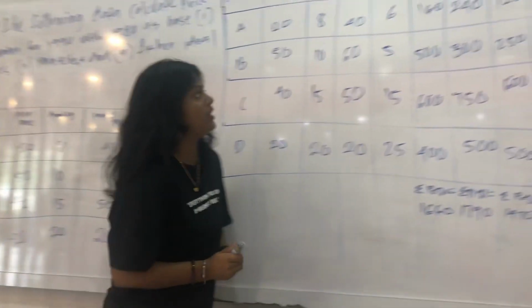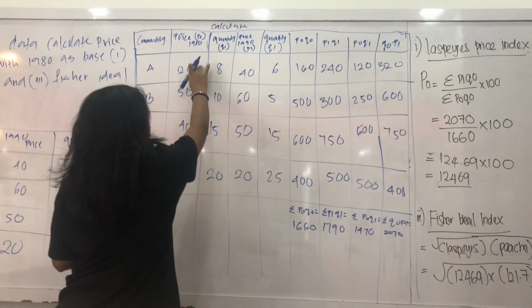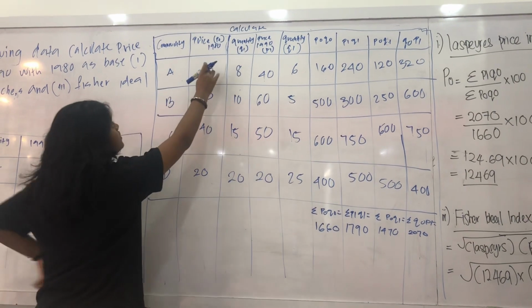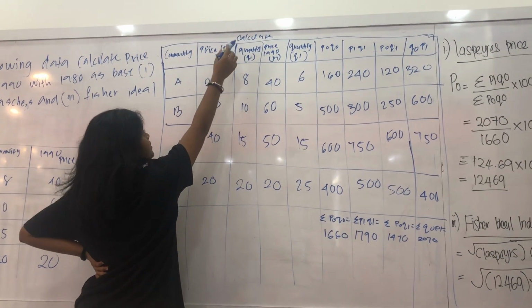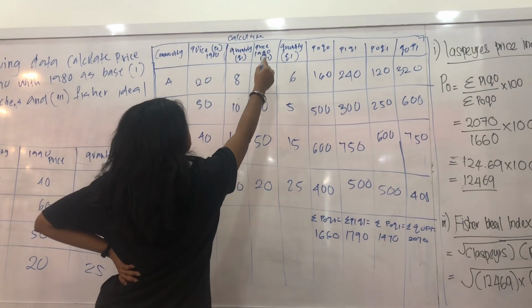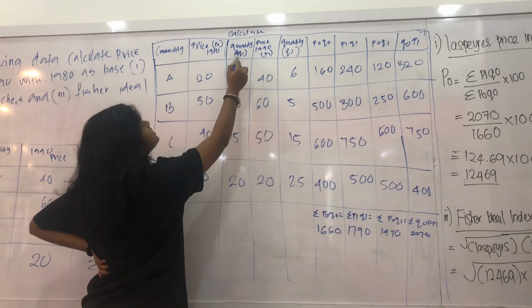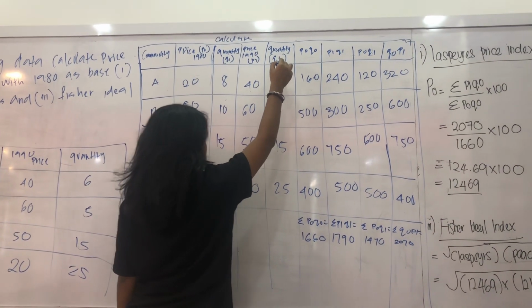So for the commodity prices of 1980 and 1990, price 1980 we change to P0, and price 1990 we change to P1. Quantity for 1990 is Q1 and this quantity is Q0.